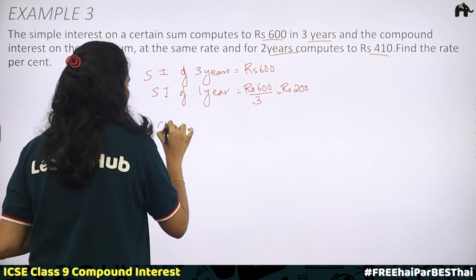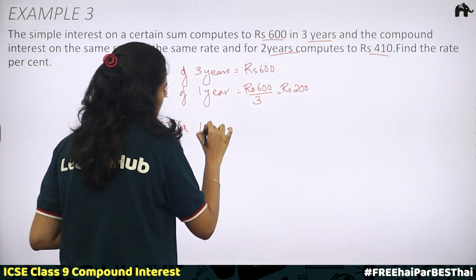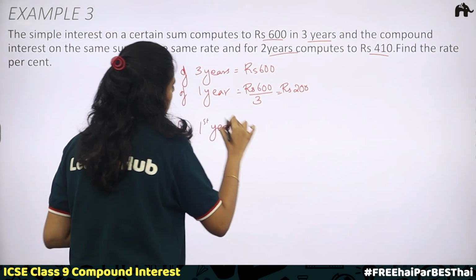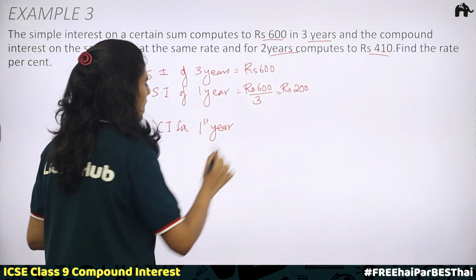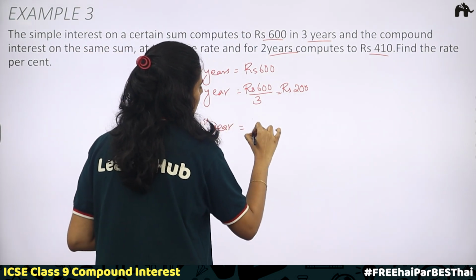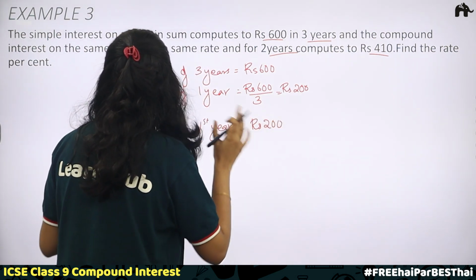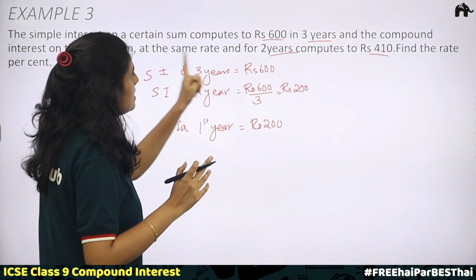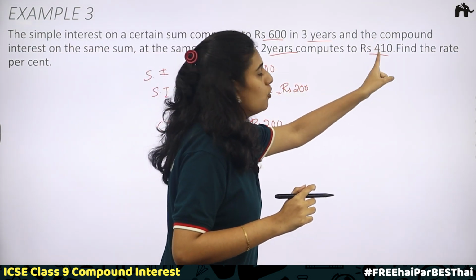Then what is the compound interest for first year? Compound interest for first year will be the simple interest for first year. Both of them will be equal. And the compound interest for first year will be equal to rupees 200. It is given that the compound interest on the same sum at the same rate and for 2 years computes to rupees 410.